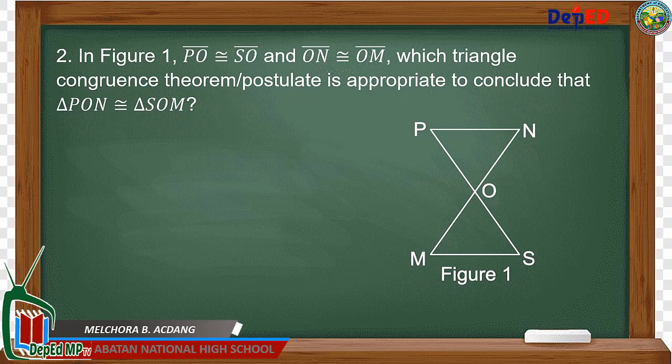Number 2, in Figure 1, line segment PO is congruent to line segment SO, and line segment ON is congruent to line segment OM. Which triangle congruence theorem or postulate is appropriate to conclude that triangle PON is congruent to triangle SOM?